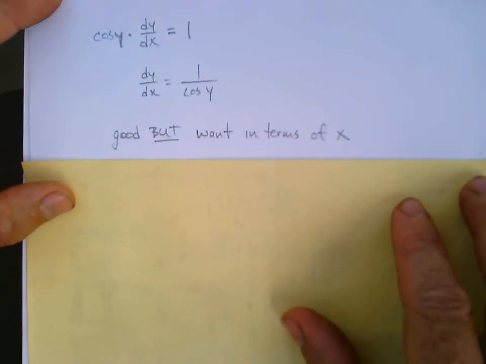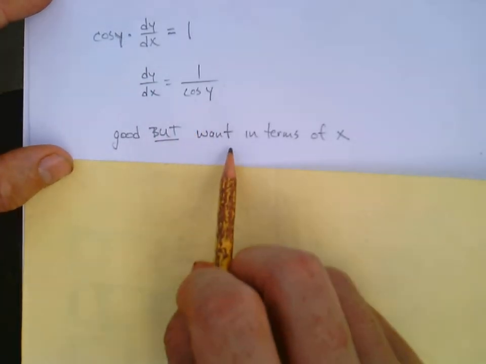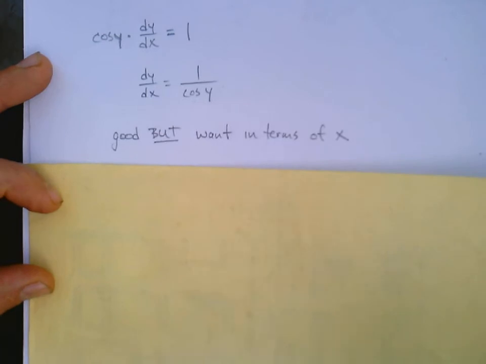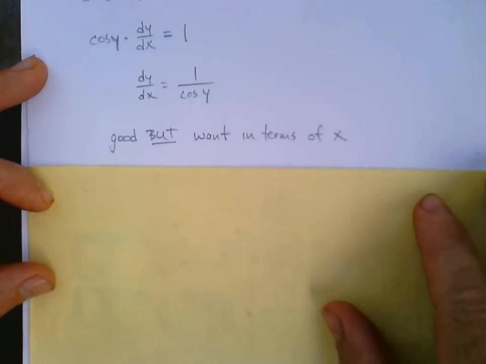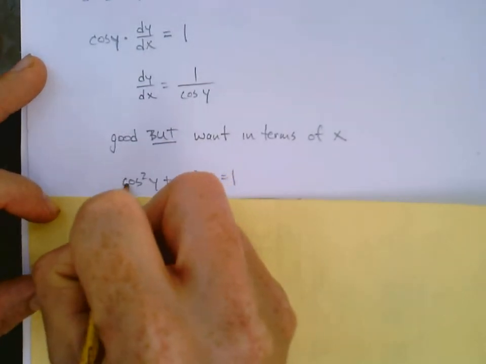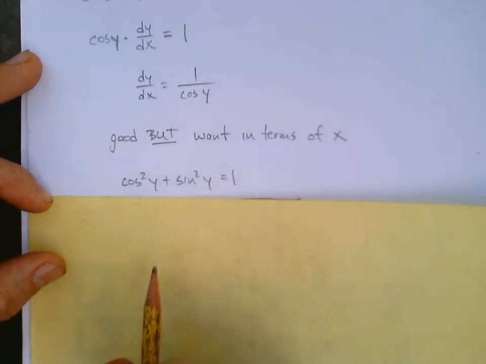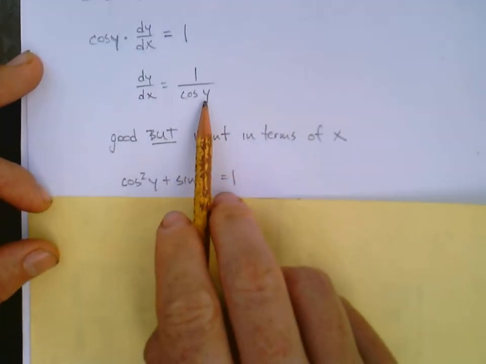Okay, so here's my comment to summarize. That's okay, that's good, but we want this in terms of x. How are we going to get that? All right, well, let's see. So I'm going to pull up a familiar trig identity. Cos squared y plus sine squared y equals 1. That would have to be true, right? And we're using y, obviously, because we got a y there.